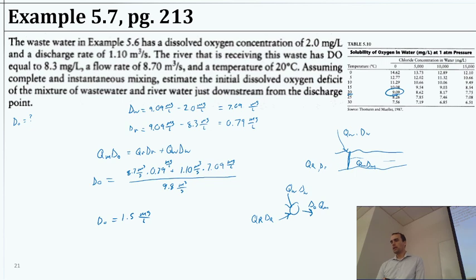And if we check, our initial deficit in the river was not quite 1.5, so that makes some sense: as it mixes with this oxygen depleted waste, we get a greater deficit in the water. But it's not enormous because there's a lot more flow of the river than the waste. Okay, so that checks out.